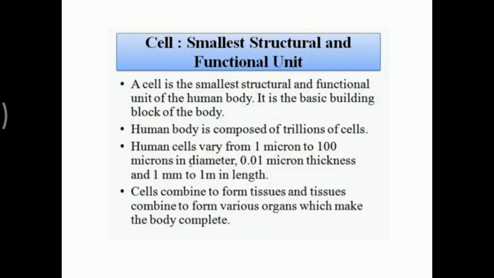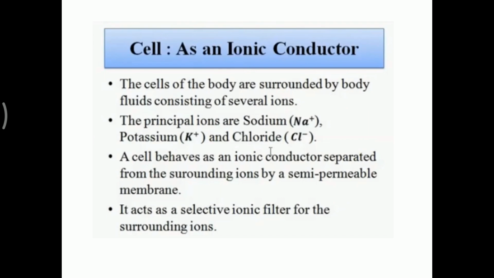The cell is the main thing responsible for the generation of the bioelectric potential. So how is the bioelectric potential generated inside the cell? As an ionic conductor, the cell generates the bioelectric potentials. We all know that 70% of our body is liquid.